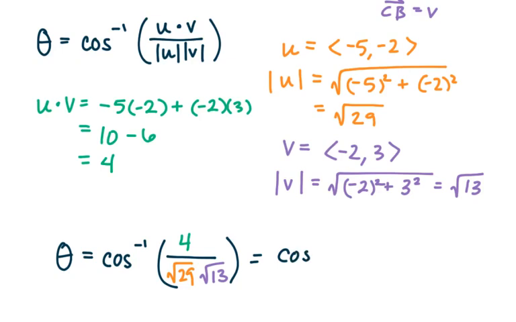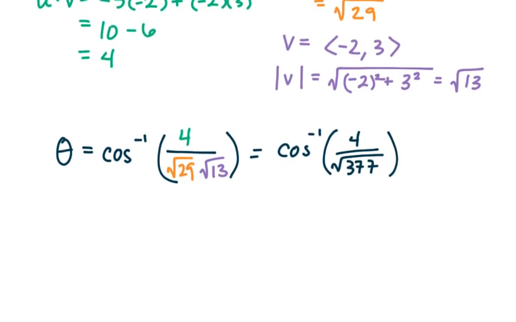And that is cosine inverse of 4 over the square root of 377, which, plugging that into our calculator, gives us approximately 78.1 in degree mode, or 1.36 radians. So that gives us the measure of that angle. And again, you'll notice we have an acute angle between 0 and 90. That dot product was a positive value.